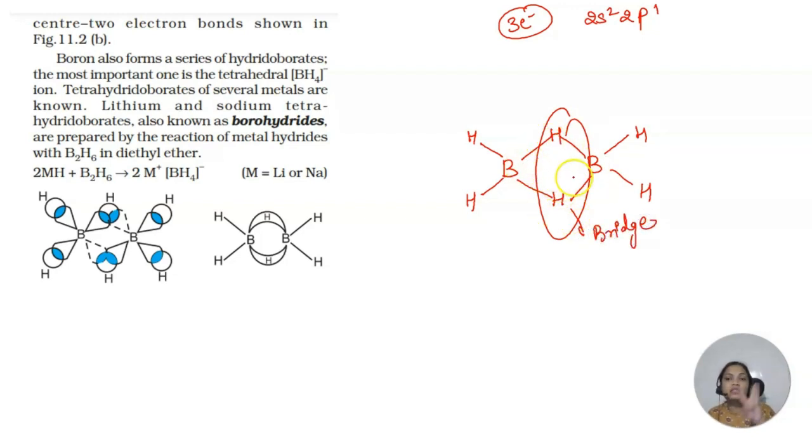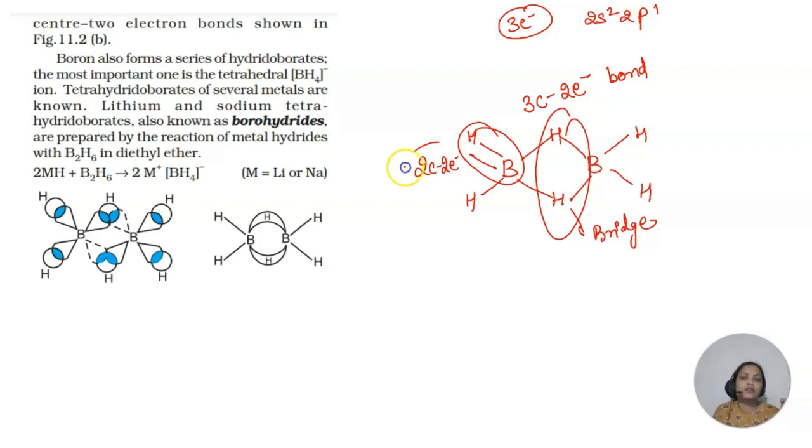So there are 3 atoms, but the electrons involved in this bonding are 2. So we will call it a 3-center 2 electron bond. These are 2 center 2 electron only, two atoms and two electrons shared. We all know in a single bond 2 electrons are shared. So this is a 2 center 2 electron bond.